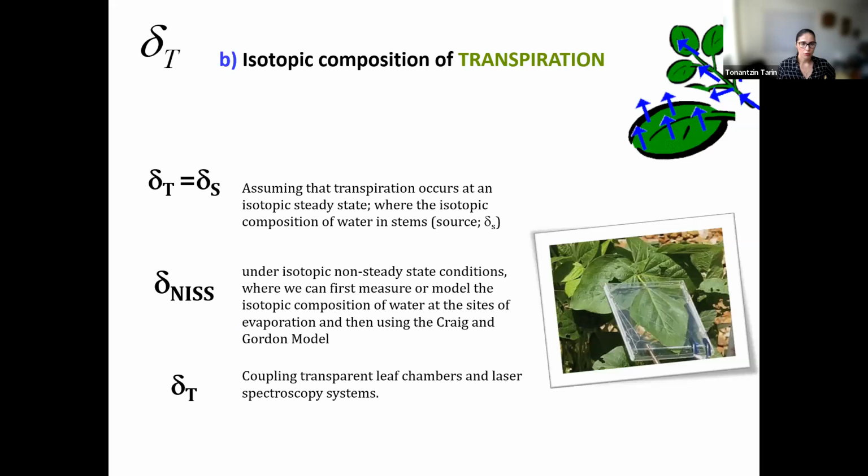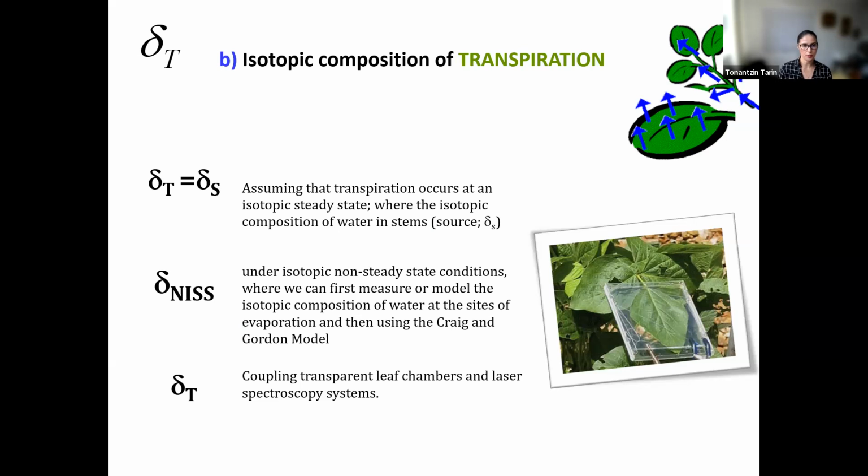However, estimating the isotopic composition of transpiration gets a little bit more tricky. Most isotopic-based ET studies assume transpiration is in isotopic steady state and estimate delta T as equal to the xylem water source.